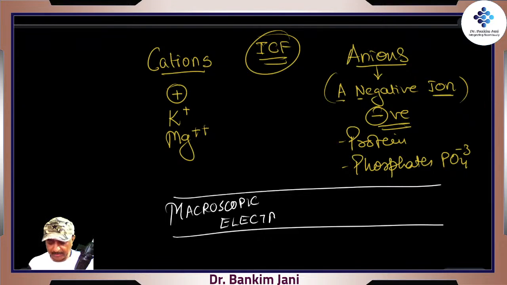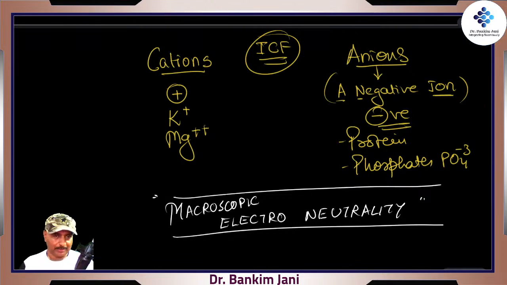These are some words where you want to impress someone, so then you can do that. But basically it tells that the number of positive ions should be equal to the number of negative ions. That's the meaning, right?